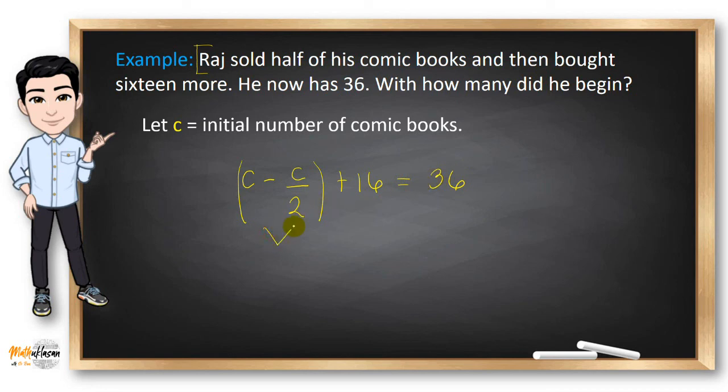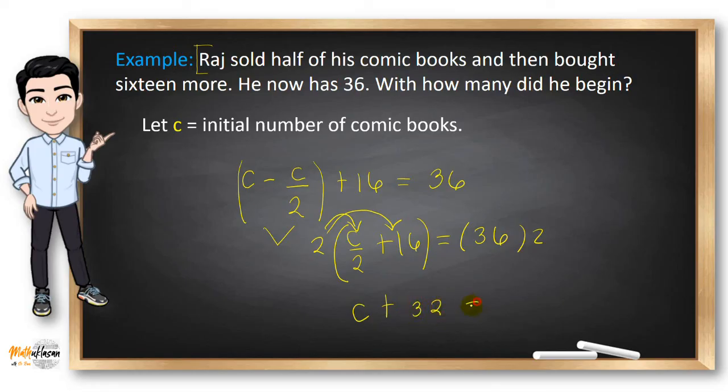We can simplify this by writing C minus C over 2, which is C over 2, plus 16 equals 36. Now by multiplying both sides by 2, distributing this term to these two terms, we have C plus 32 equals 72.